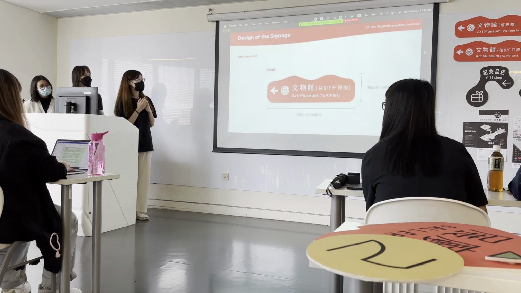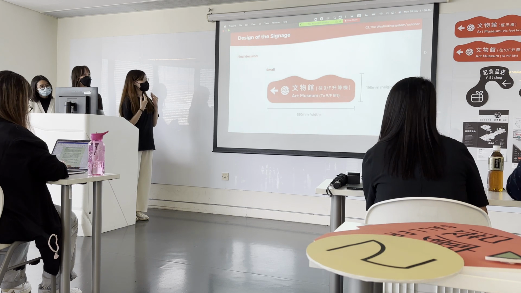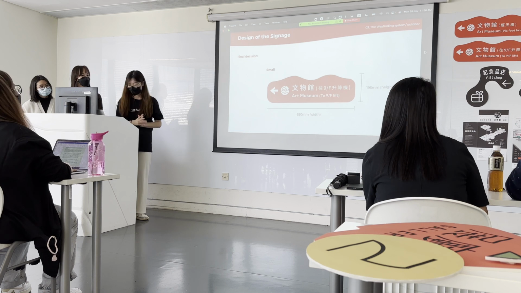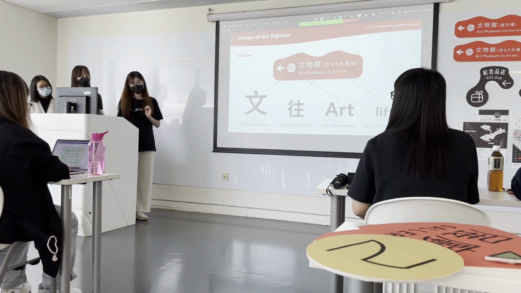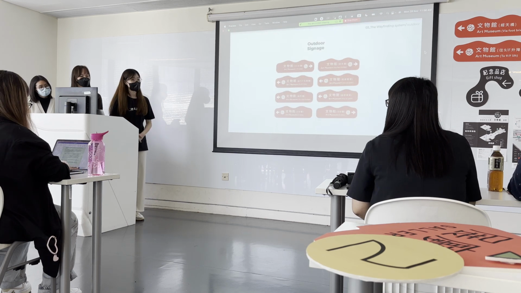We also think the bigger size may overpower the surrounding buildings and signage. So we finally decided to use this size. And here are the font sizes. So these are our outdoor signage.